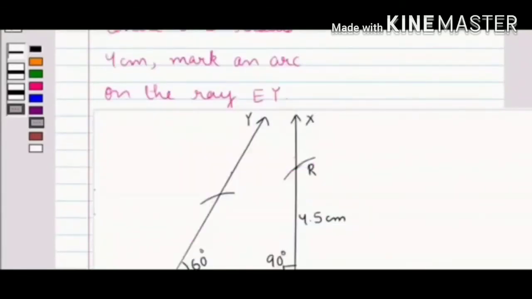So as you can see, we have made an arc of radius 4 centimeters on the ray EY. Now let's mark this point as D. Now in the next step, we will join the points D and R in order to obtain the required quadrilateral.